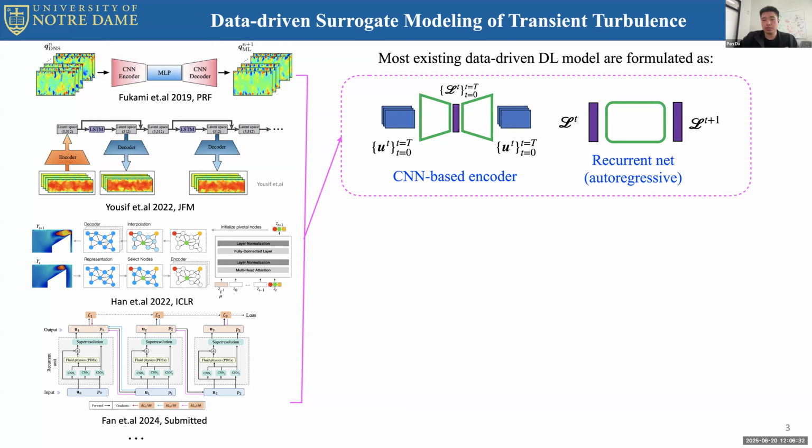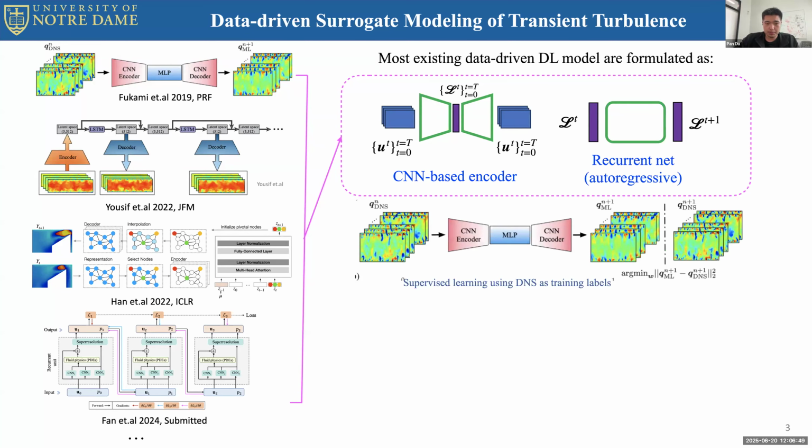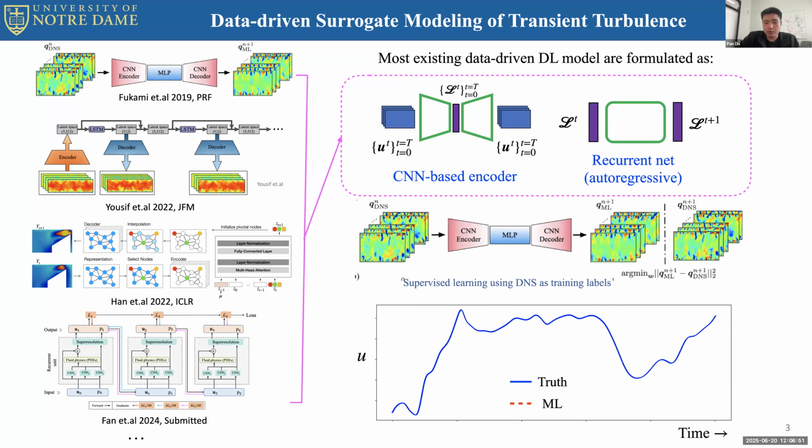Once learned, this recurrent neural network is typically used to predict the temporal dynamics in an autoregressive way, meaning that given an initial time step, you can apply it multiple times to predict the forward flow field step by step. Also, a very important characteristic of those methods is that they typically use a supervised learning approach, meaning that all the training data are computed from numerical solvers, and we use that data as the training data for the neural network model.